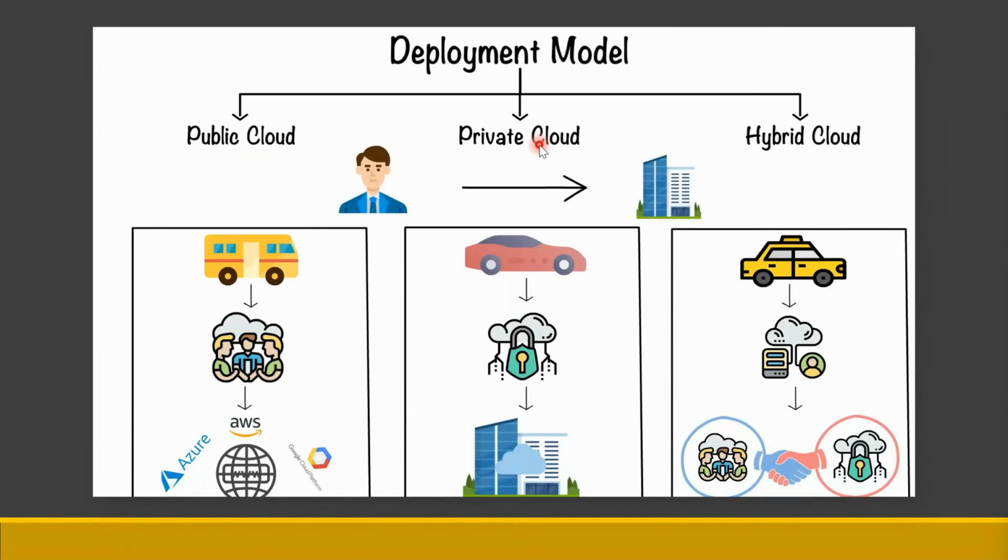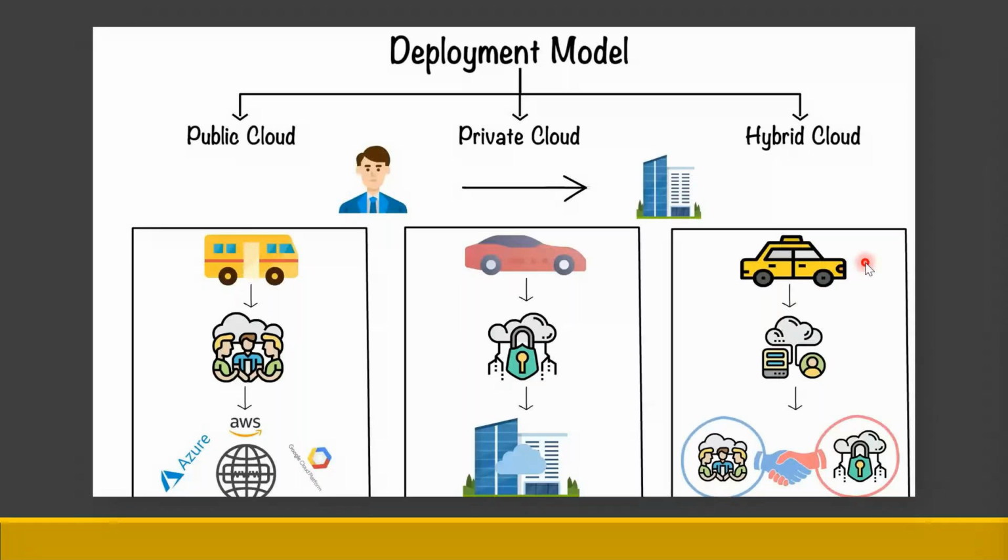But when it comes to private cloud, it's like having your own car. You have a car, you are actually using it for your personal purposes. In actual terms, it's like a company having their own private network or private cloud services. And when it comes to hybrid cloud, it's like having a ride in a taxi.